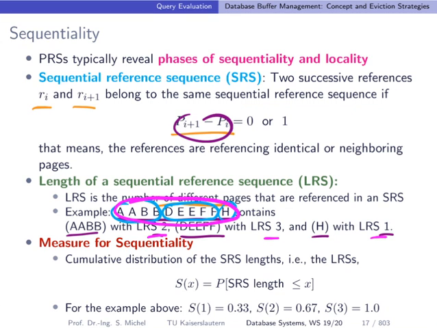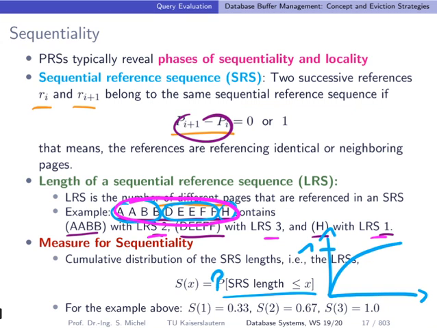And this measure of sequentiality looks at the cumulative distribution of these sequential reference sequences. This is the probability, of course, and this is the typical way you write a cumulative distribution. So this is 1, and then we can look at the sequentiality and tell how long these sequences are within our sample reference string.